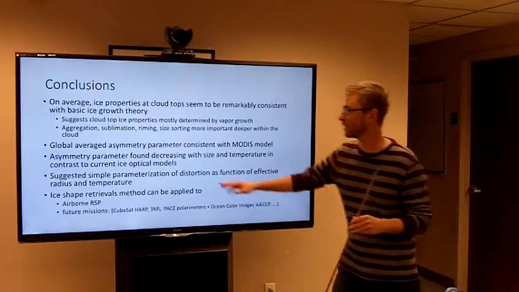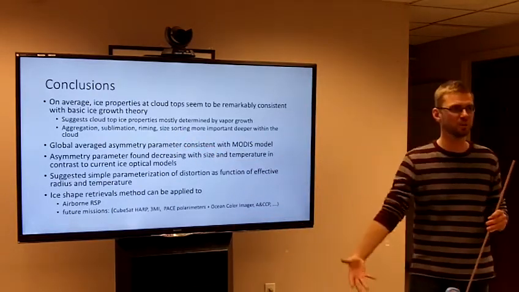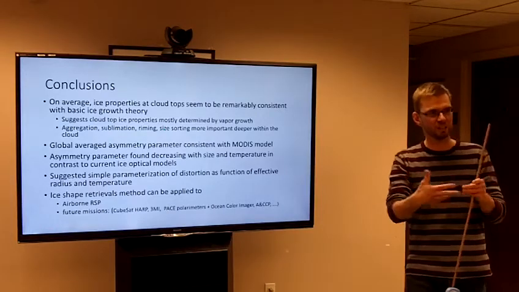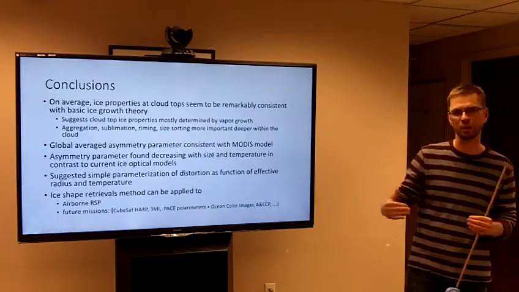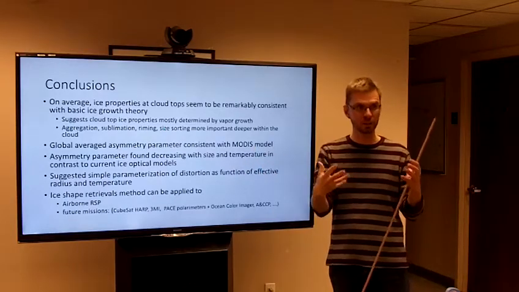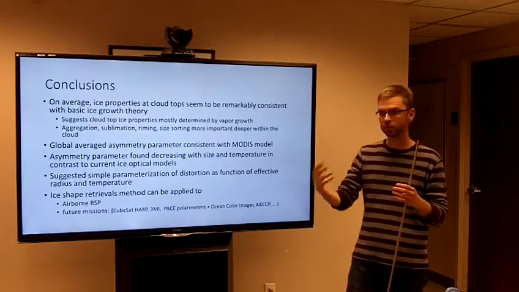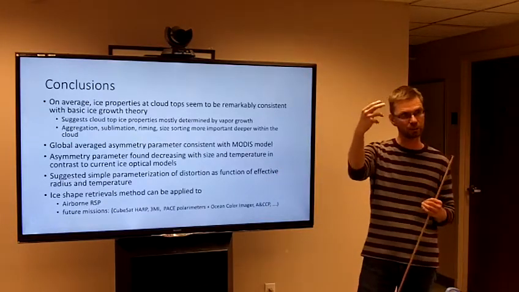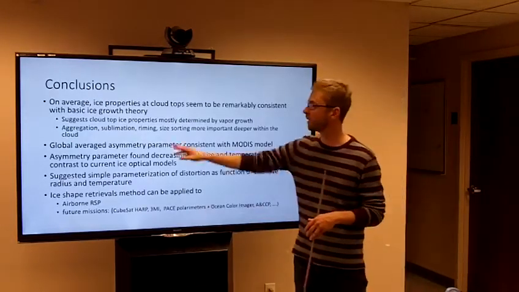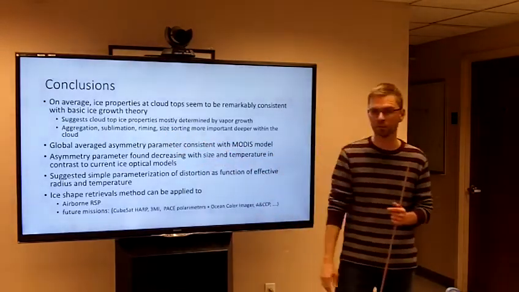And I think that other things like aggregation, riming, and so on are really more important deeper into the clouds than at cloud top. So we can maybe use these models that are based on this theory to retrieve or to model the crystal properties at cloud top. And then for deeper layers, we should take into account all this stuff.